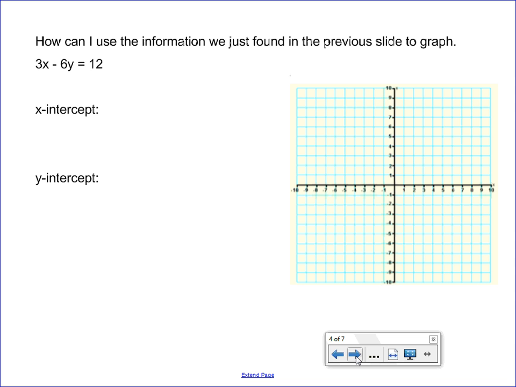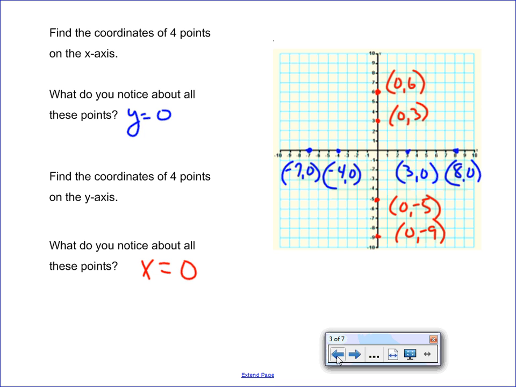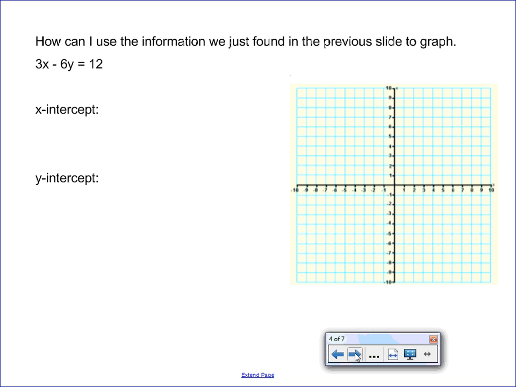If I'm given the equation 3x minus 6y equals 12, and I want to find an x-intercept, well, an x-intercept is any point along the x-axis. So these values here are x-intercepts. For an x-intercept, we have just found that the y value is 0. So how can I use that?